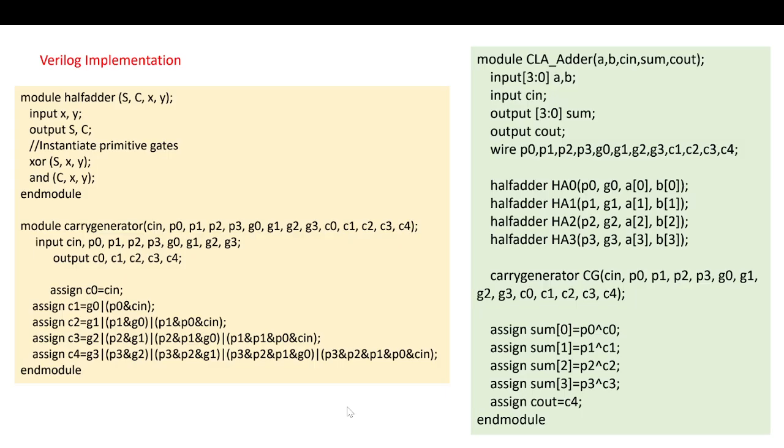Now it's the Verilog code implementation. So again we implement the half adder, and this is the carry generate. So the expression for C0 to C4, and the carry lookahead adder where we have the half adder, then we generate, and then we have the XOR gate for the final output.